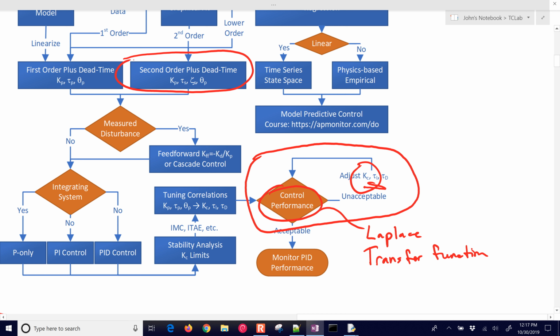We're also using those same ones to come up with a closed loop response, so to come up with an analytical solution to our closed loop response between a set point change or disturbance change.